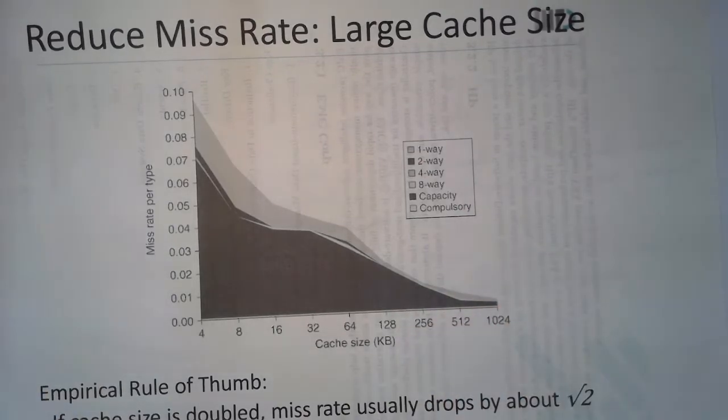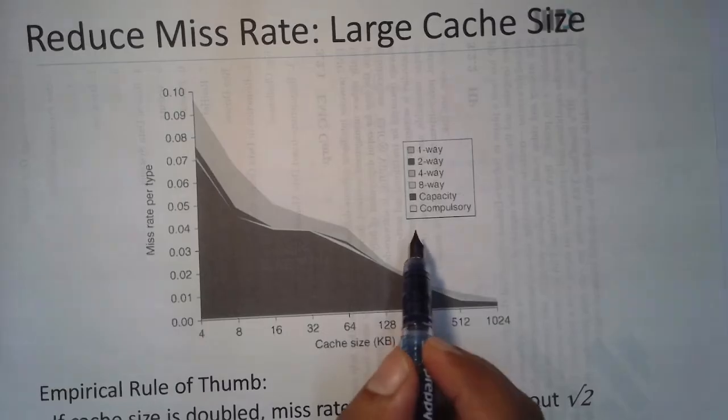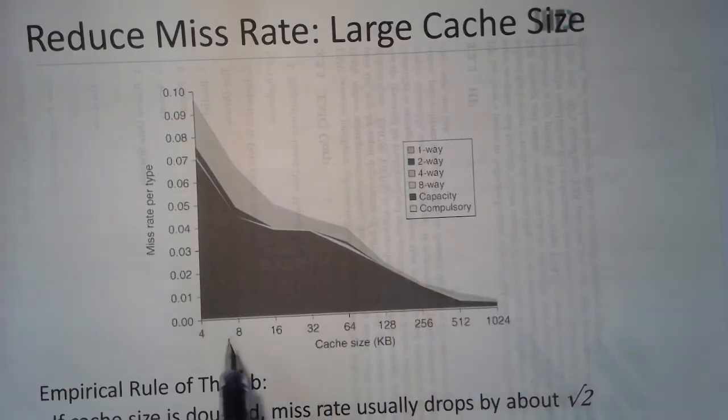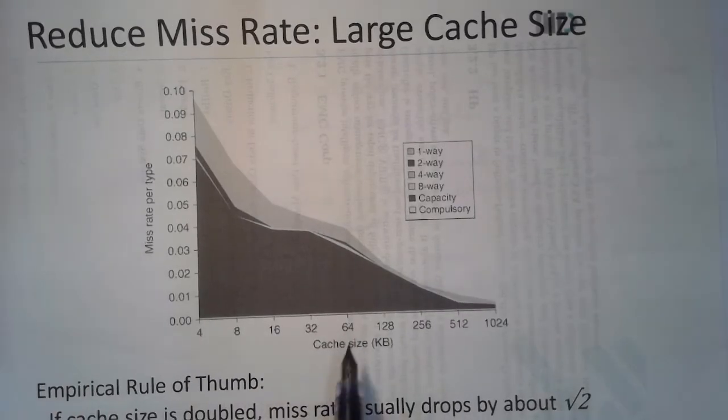Okay. So you see that the miss rate in general goes down as you have bigger and bigger cache, which is again very intuitive.